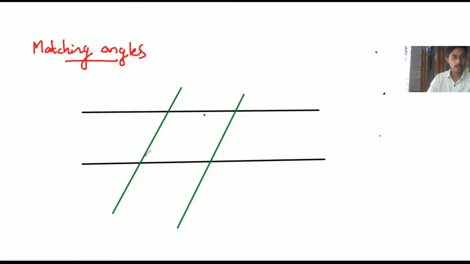So here, if the angle right here is 40 degrees, then the angle formed here is also 40 degrees. Okay, so which is said to be corresponding angles. So let me give it a letter. I used the letter A, which is also A. Okay, angle A. So the angle A, which is said to be corresponding angles.